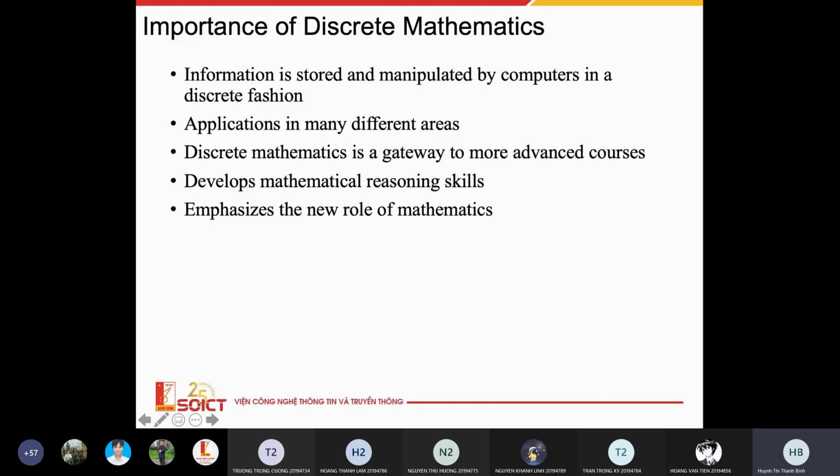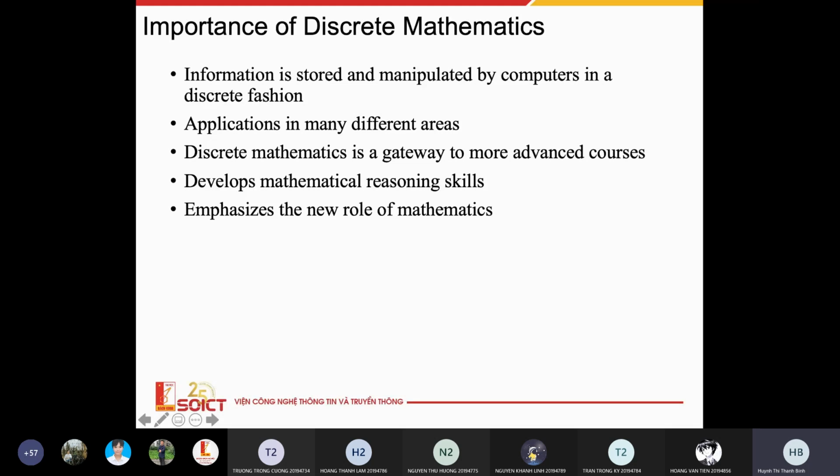In this course, I want to let you know the connection between discrete math and real-world applications, and between discrete math and computer science.